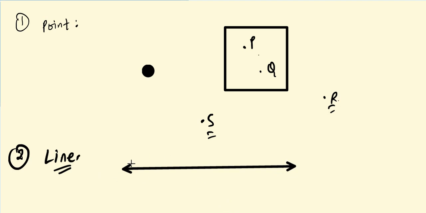It is denoted by capital letters just like P, Q. The word line usually refers to a straight line.